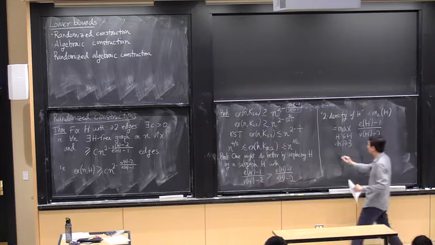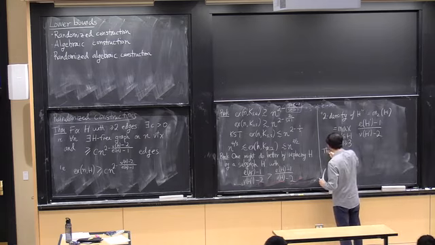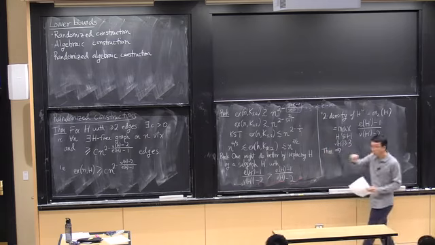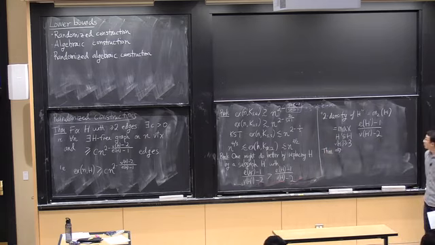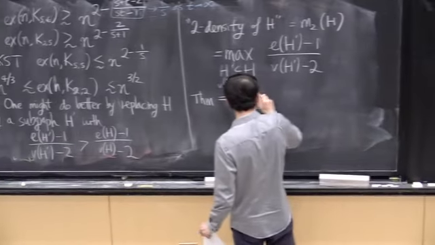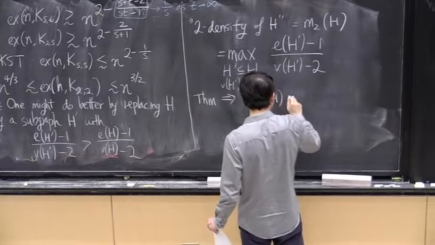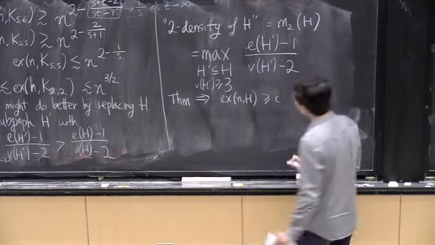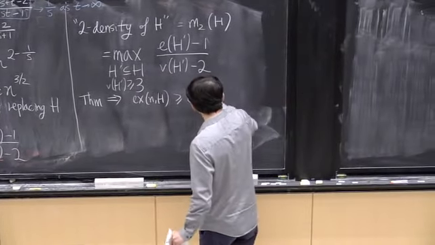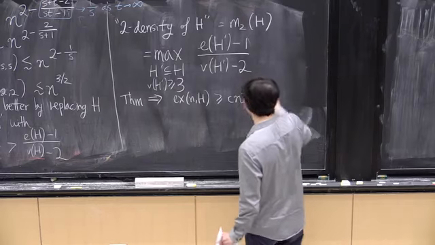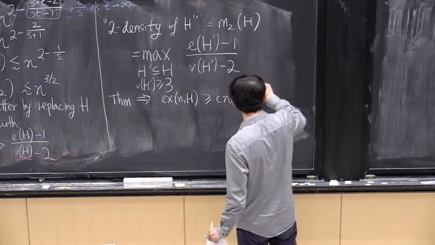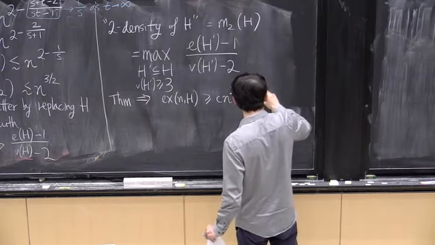Then the theorem, that construction there, implies that the extremal number is at least not just the expression I've written, but maybe sometimes you can do slightly better by passing to a subgraph.